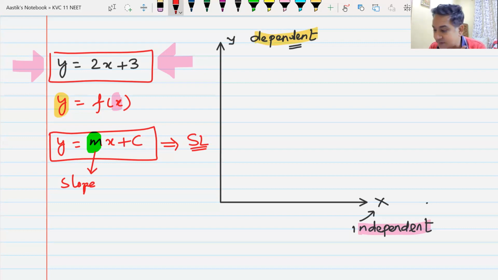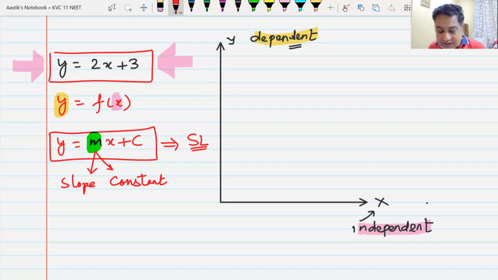This m is known as the slope of the equation. Do we know this? For a straight line, this slope is constant. Do we also know this?